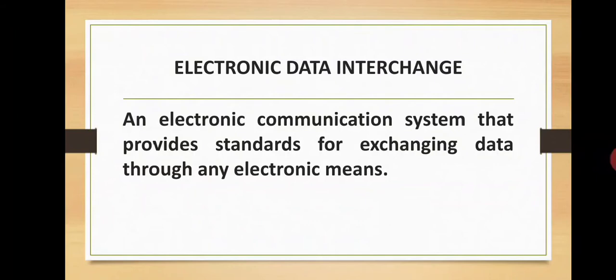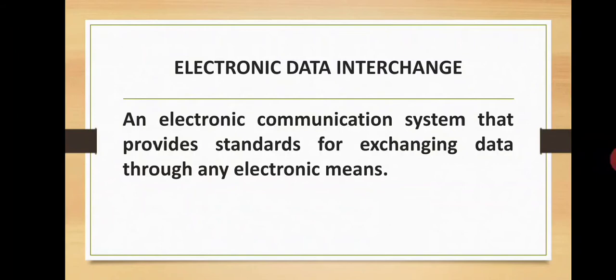Some of the steps followed in electronic data interchange: the first one would be document preparation, that is, information necessary to produce a business document is collected in an electronic file. And next would be outbound translation. The prepared electronic file is converted by the sender's translation software into the standard format.